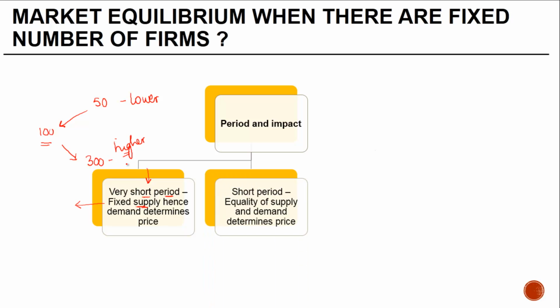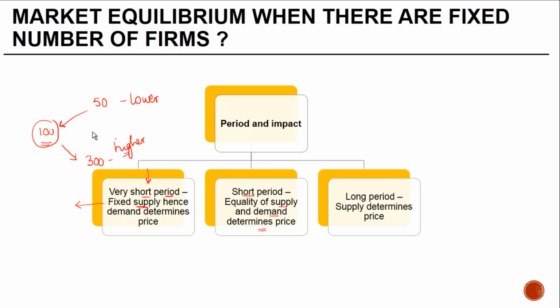In a short period, the equality of demand and supply will determine price, because the quantity may be adjusted to some extent. But in a long period, it is the supply which is going to determine the price, right?